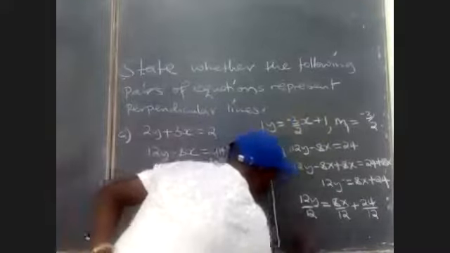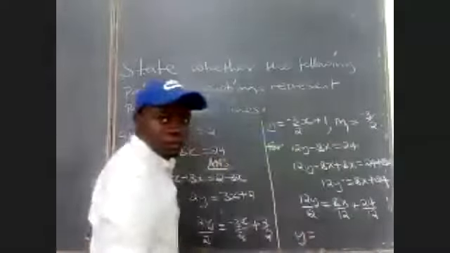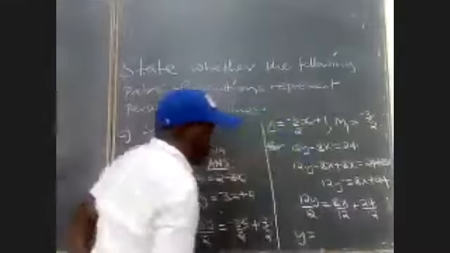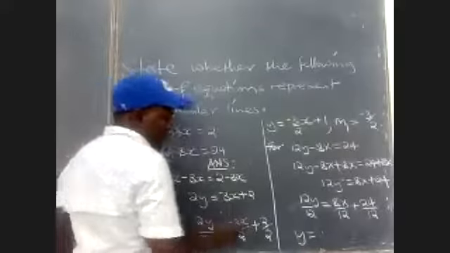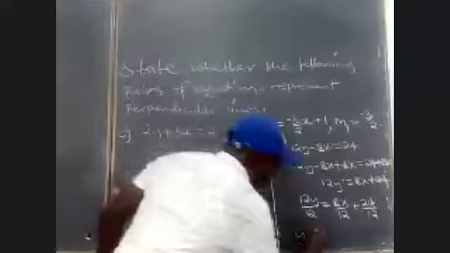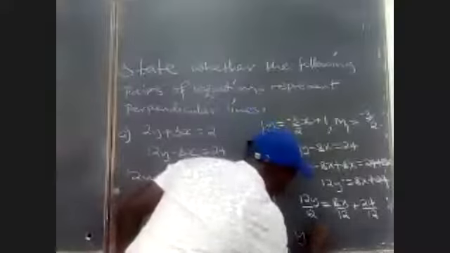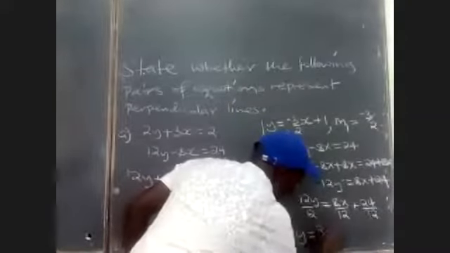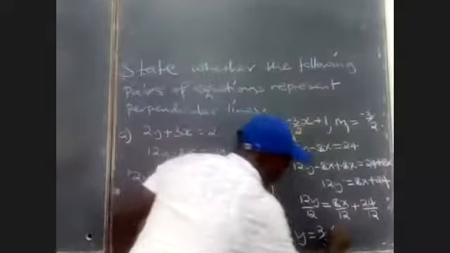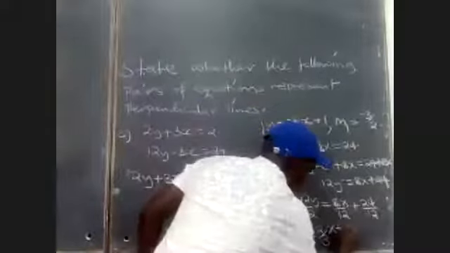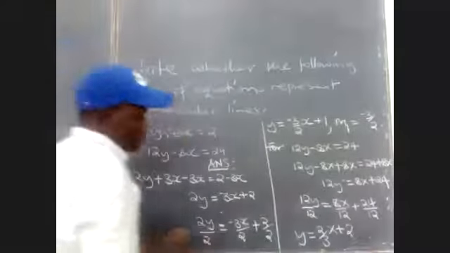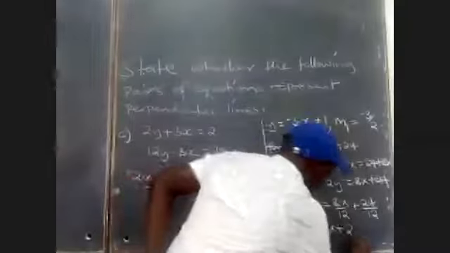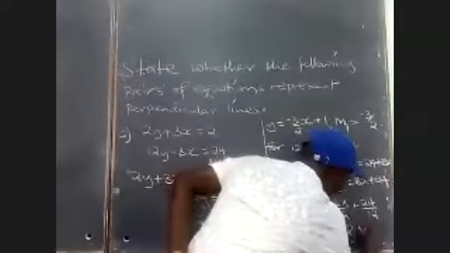We shall have y is equal to, we can divide by 4, 2 over 3 x plus 2. What is the gradient here?